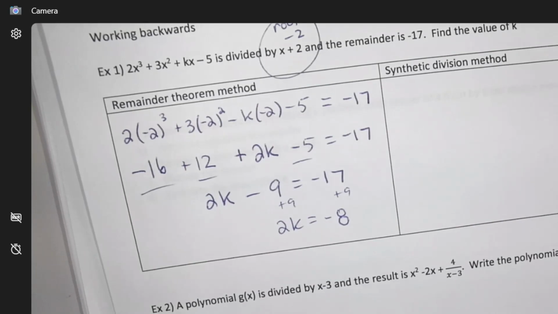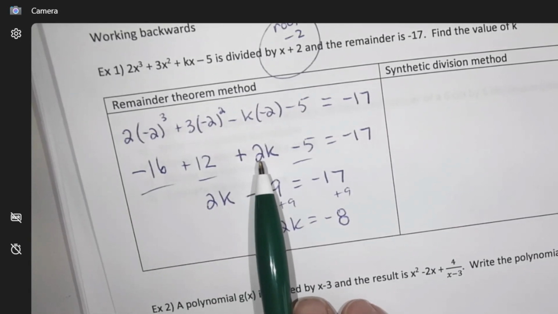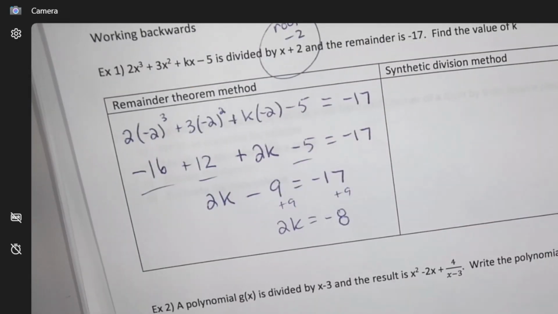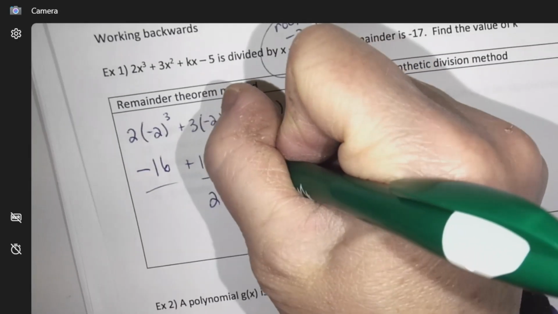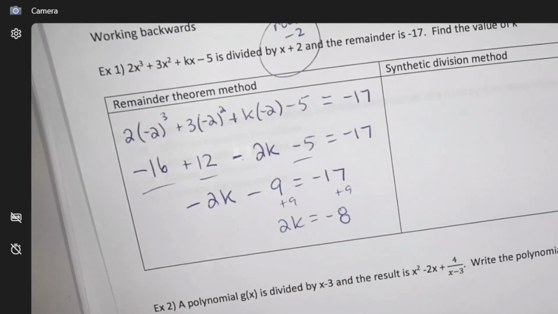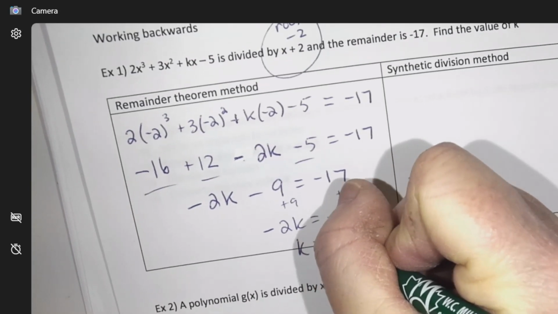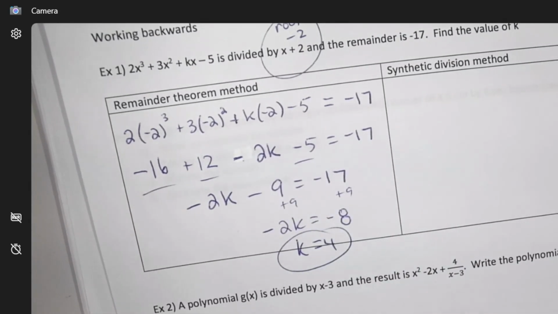Yeah, did I make a mistake? Oh, yeah, I copied it down wrong. So then I gotta go back there, and I gotta go back there and there. Am I good now if I just change all that? So k equals 4.